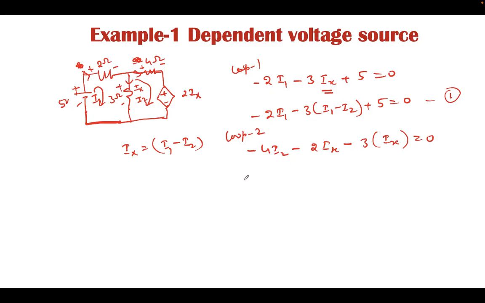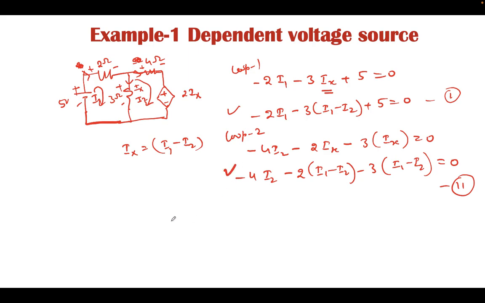Putting the value of Ix in this equation, minus 4I2 minus 2(I1 minus I2) plus 3(I1 minus I2) is equal to 0. On simplifying, this is the second equation. We have two equations with two variables, so we can calculate I1 and I2 easily. This is the way we can solve a network having a voltage dependent source.